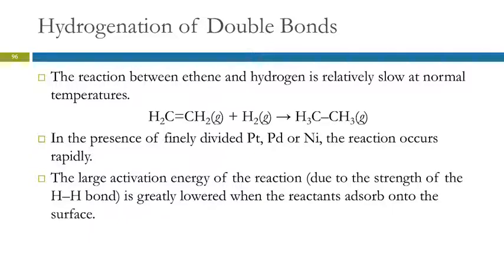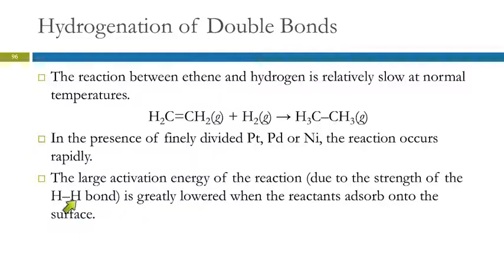Okay, so hydrogenation of double bonds. This is ethene. It's got a double bond, and that can react with hydrogen, and that normally occurs at a slow rate at normal temperatures. It can be catalyzed, though, using finely divided platinum, palladium, or nickel, and that can cause the reaction to occur very rapidly.